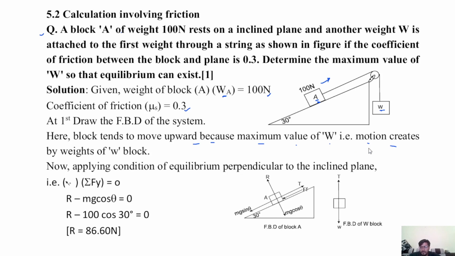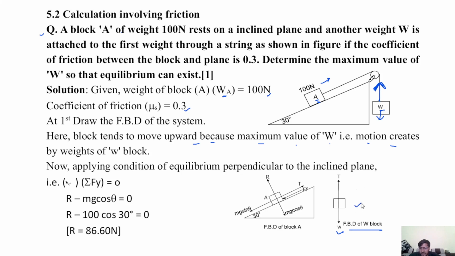In the free body diagram of the W block, the weight W is acting vertically downward from the CG, and this weight W creates a tension in the string in the upward direction. The tension is always away from the body, that means for block W the tension is acting in the upward direction.